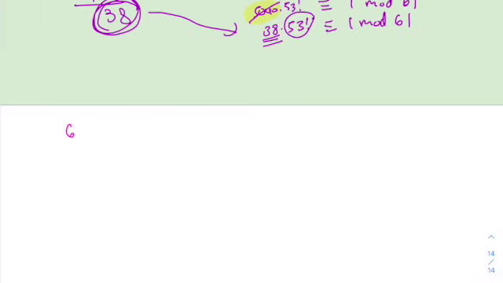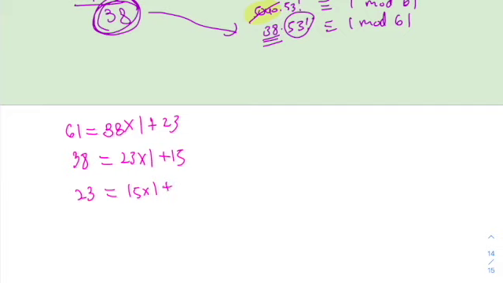So let's place the 61 here is equal to 38 times 1 plus 23. 38 equals 23 times 1 plus 15, and then bring 23 down, and then 15 equals 8 times 1 plus 7, 8 equals 7 times 1 plus 1, yep.